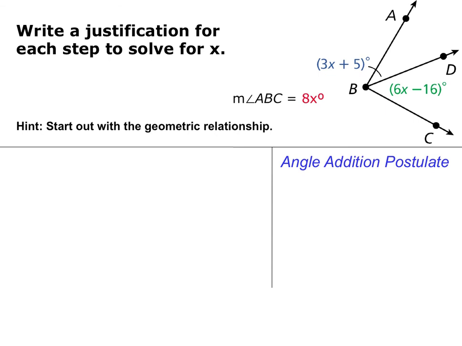Measure of what angle, plus measure of what angle, equals measure of what angle. You're naming them. First step is just naming them. That's what the angle addition postulate has you do. So name those angles, then we'll bring in the substituted values.